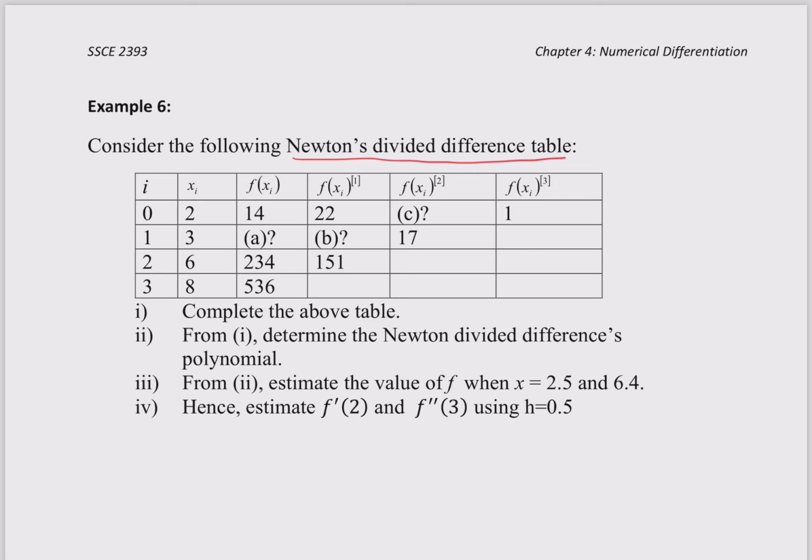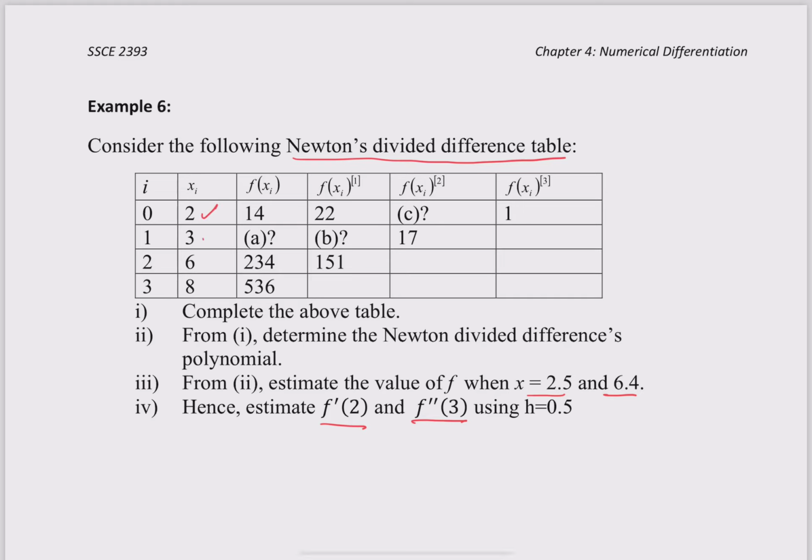We also ask you to estimate the value of your function at point 2.5 and 6.4. So for here you must know a little bit about Newton divided difference, and we also ask you to estimate the value of the first derivative at point 2, and the second derivative when x equals 3.